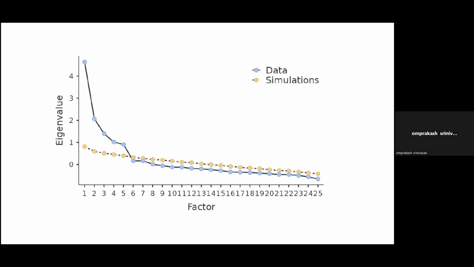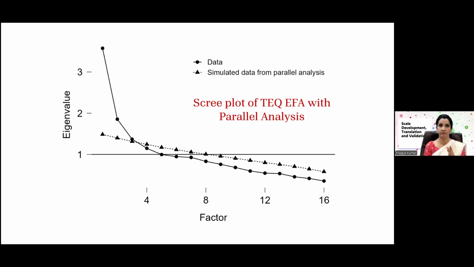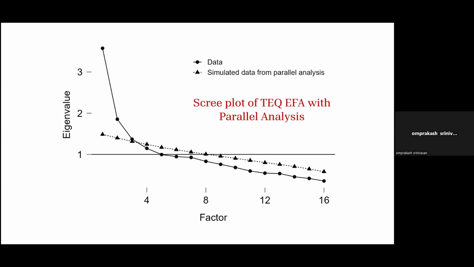If I'm not wrong, what I understood is that in parallel analysis, each factor will be analyzed with the parallel random data and the original data. Am I right, ma'am? See, initially the eigenvalue will be compared for each factor separately with the random data.